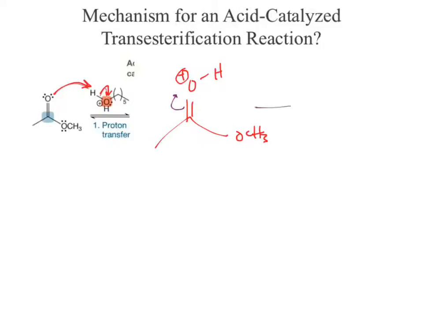With resonance, that gets us a stronger electrophile. This can potentially react with water if we wanted to do a saponification, though saponification implies base. Or it could react with another alcohol to get us a transesterification and change that ester into something else. Okay? Kind of makes sense?